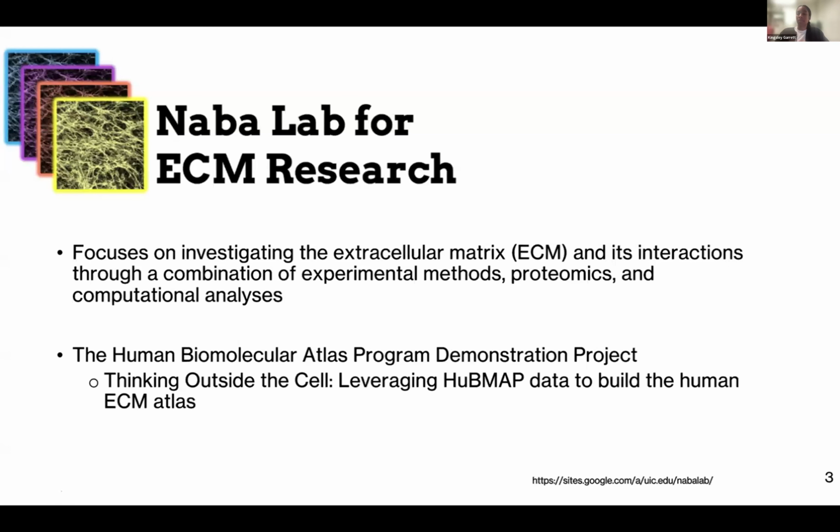And so within the HuBMAP consortium, it's part of the demonstration project titled Leveraging HuBMAP Data to Build the Human ECM Atlas. And so they are especially looking at studies that involve interaction networks, especially pertaining to the matrisome and how these networks contribute to the mechanisms within the ECM, such as remodeling and the spatial arrangement.